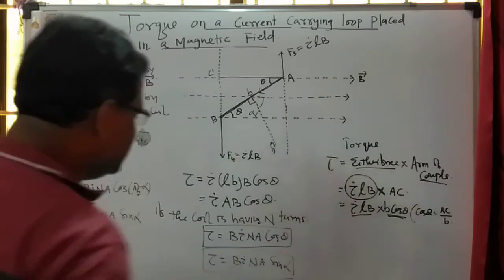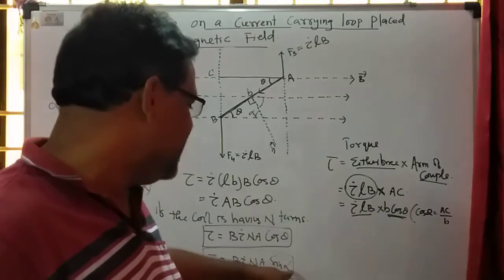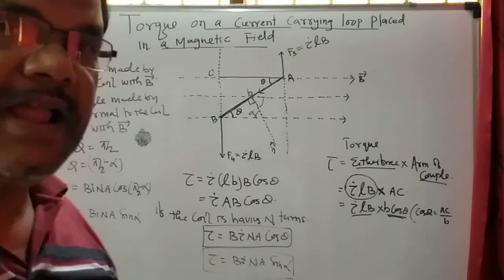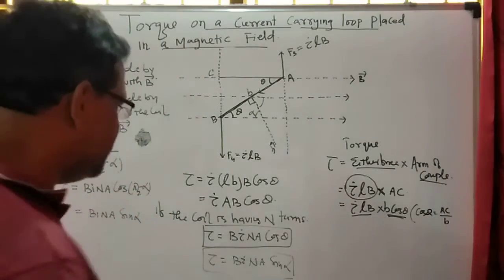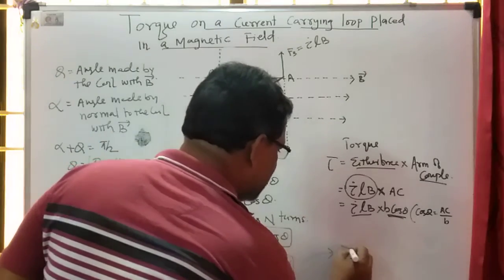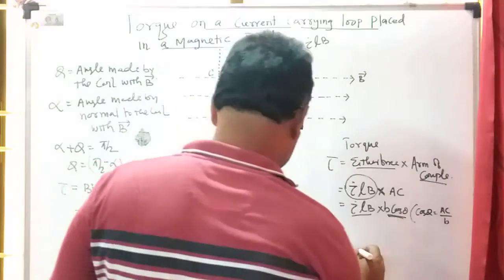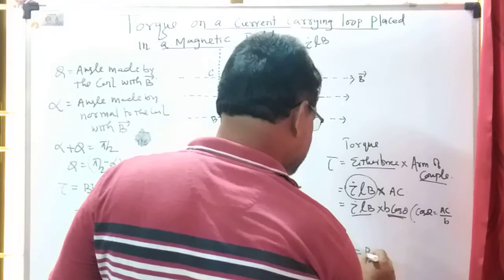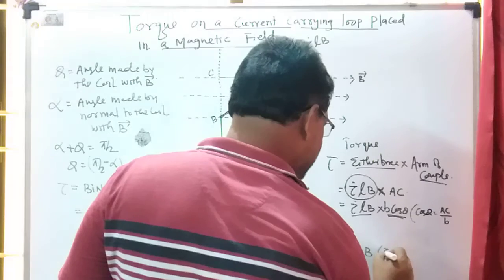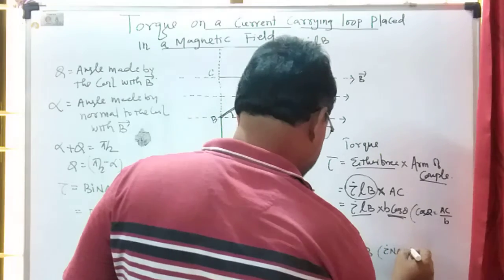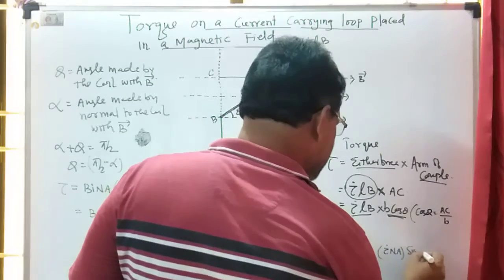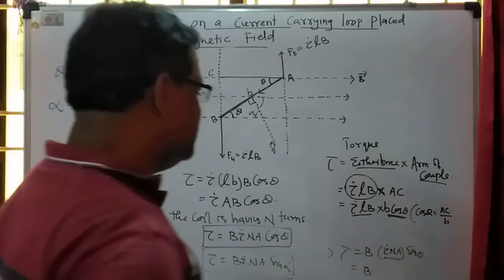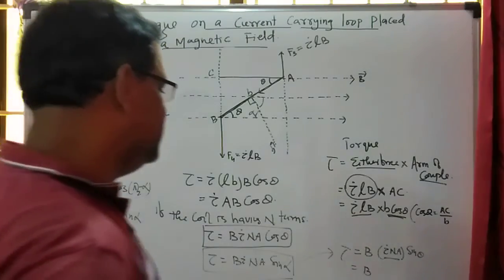You just find the relation. For the expression with sin alpha, alpha is the angle made by the normal with the B vector, and theta is the angle made by the coil with the B vector. From this expression we can write tau equals B times INA sin theta. What is INA? That is the magnetic moment.